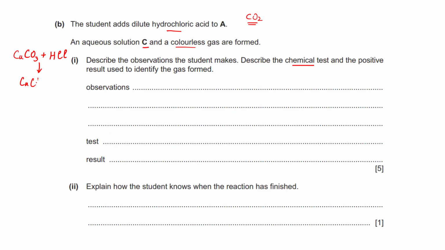We get copper chloride plus CO2 plus H2O. If you have to balance it, we can balance it: CuCO3 plus 2HCl gives CuCl2 plus CO2 plus H2O. Okay, now this is balanced. So this is the equation of the reaction. We'll have this solution, we'll have this gas, and the other product will be some water.